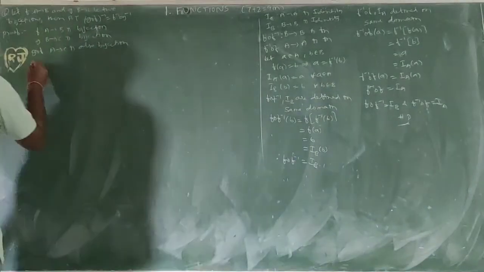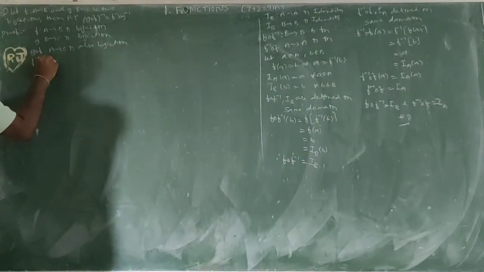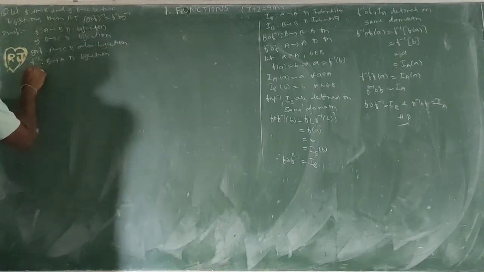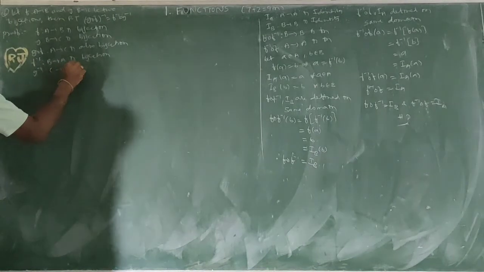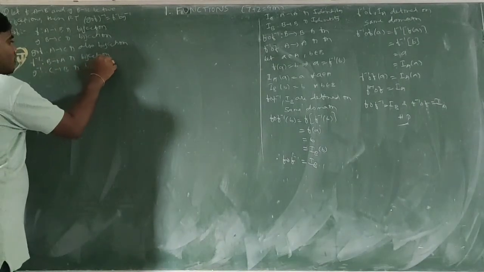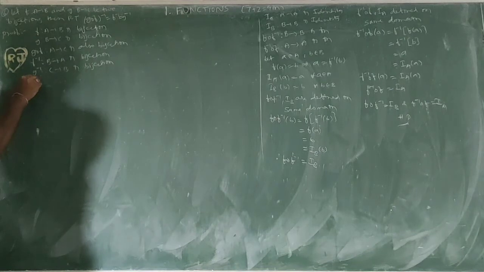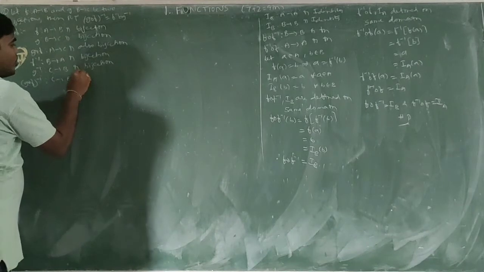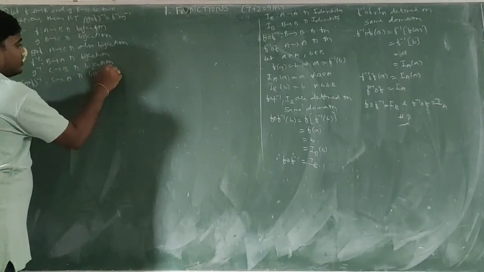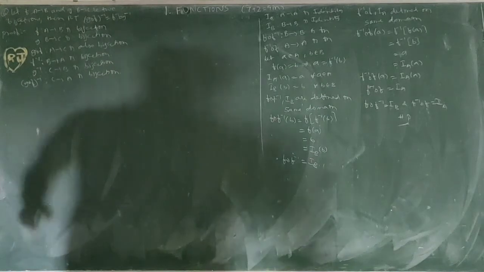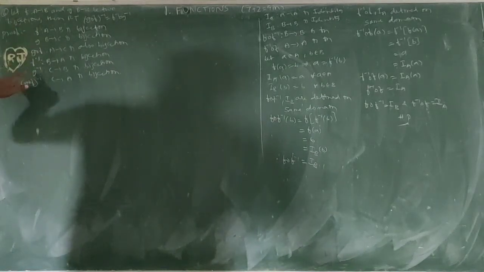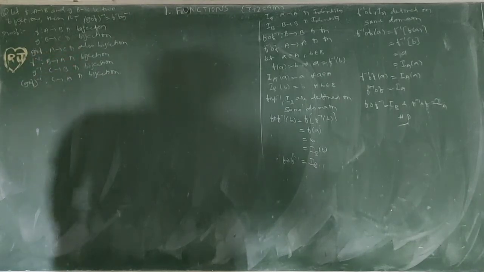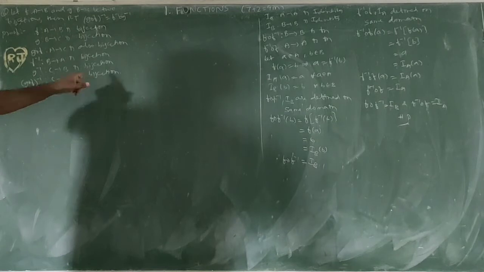So F inverse from B to A is a bijection, G inverse from C to B is a bijection, and (G circle F) whole inverse from C to A is also a bijection.